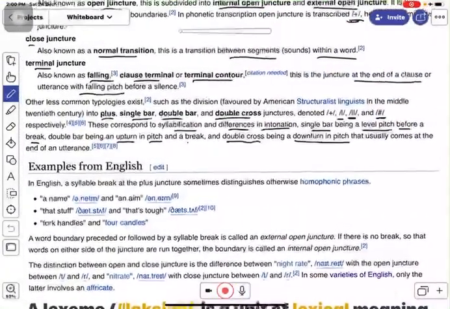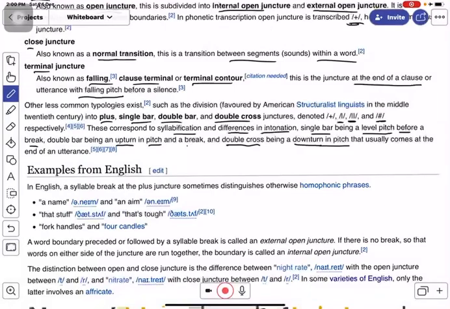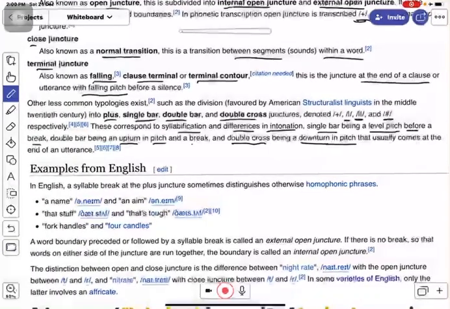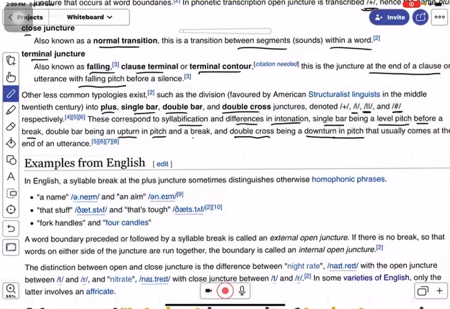Examples of English. So we're looking at some examples now. A syllable break at the plus juncture sometimes distinguishes otherwise homophonic phrases. A name can be transcribed as this transcription, or an aim can also be described with the same transcription, but there's a difference.